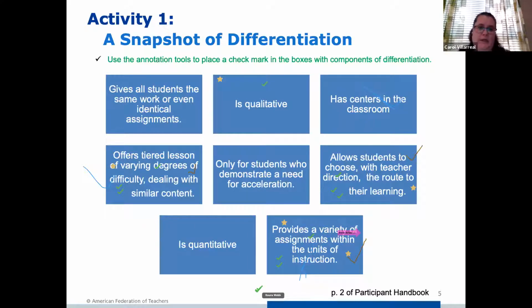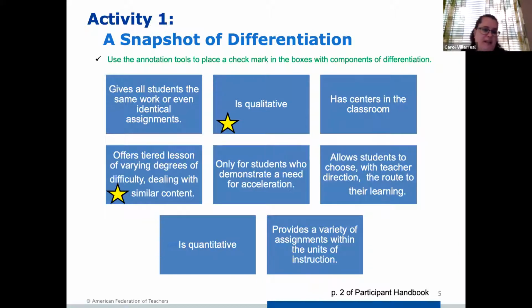Okay, let's take a look at what is actually differentiation, and I need to clear the annotations. So we have it's qualitative.